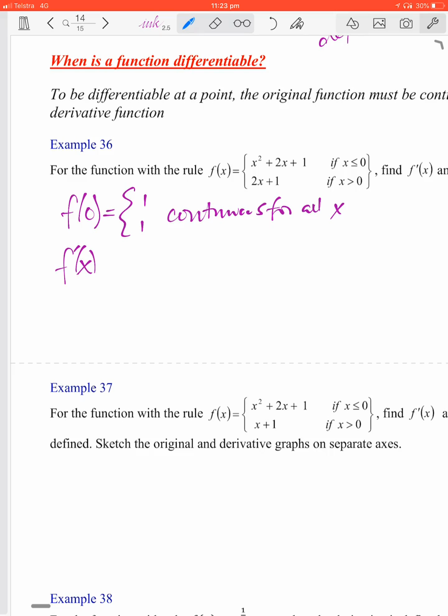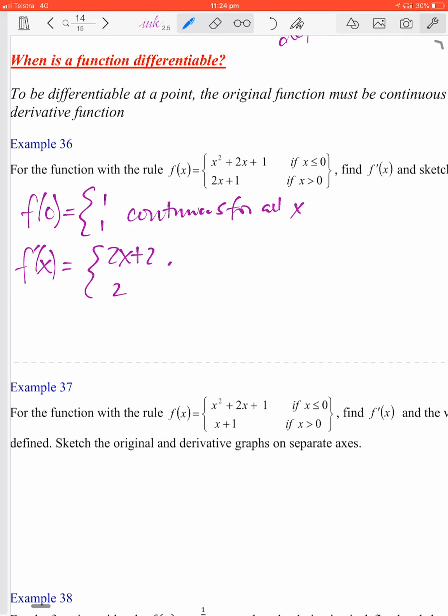Then if we say f dash of x, we're going to get 2x plus 2, and we're going to get 2. If x is 0, in the top one we're going to get 2, and in the bottom one we're going to get 2. So they join smoothly.